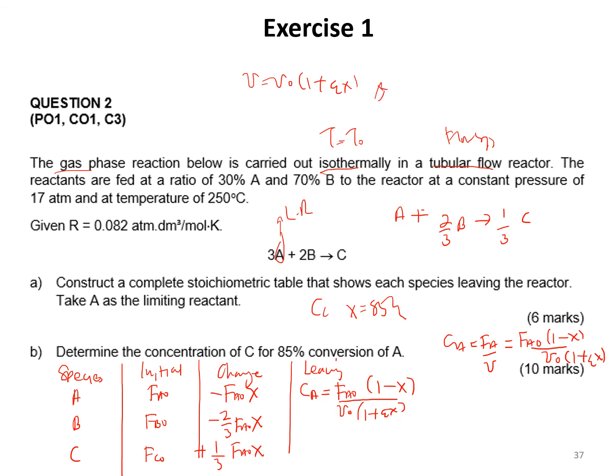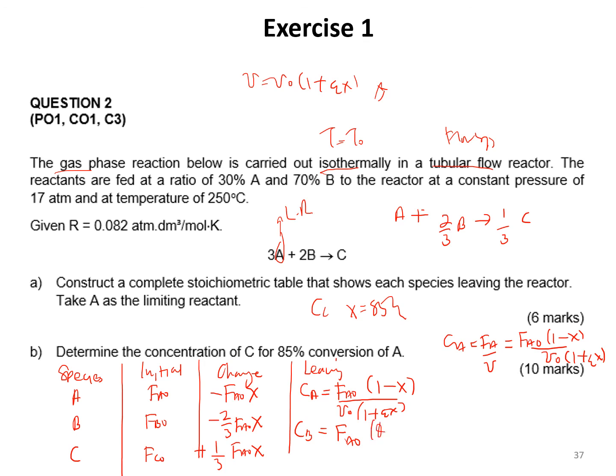Then for B, CB is equal to F A naught times theta B minus 2 over 3 X, over V naught times 1 plus epsilon X. Okay, alamak, tak muat main buat ni.